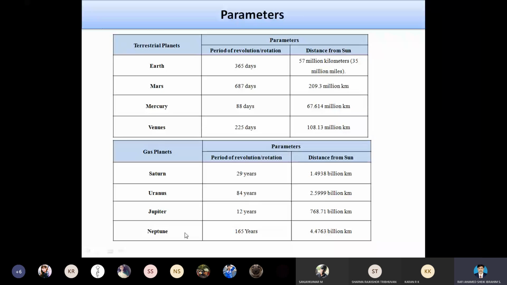For Neptune, it takes around 165 years. So we can see the variation: the terrestrial planets show the orbital revolution in terms of days, but for the gas planets, the orbital revolution is in terms of years.